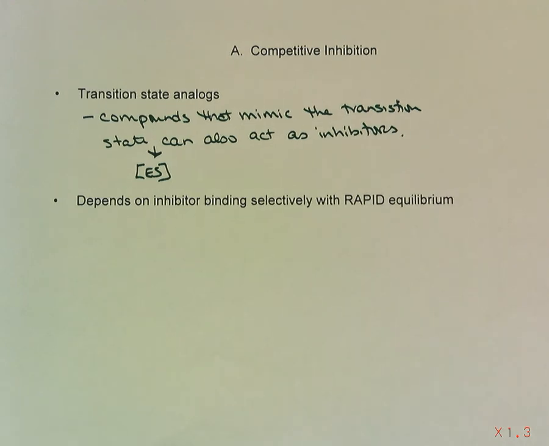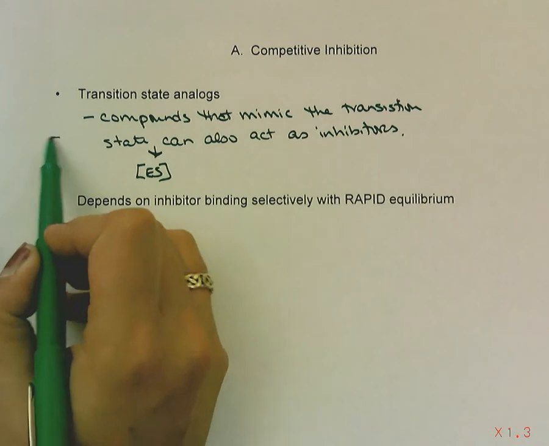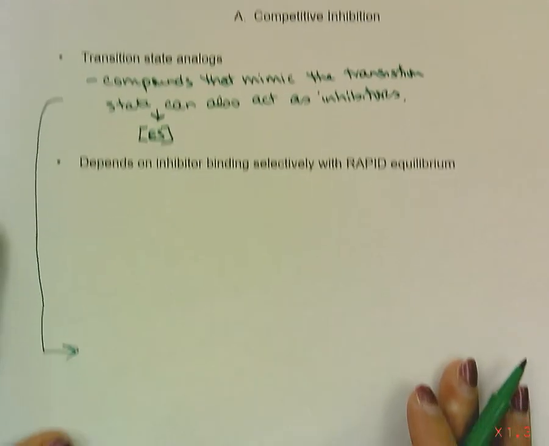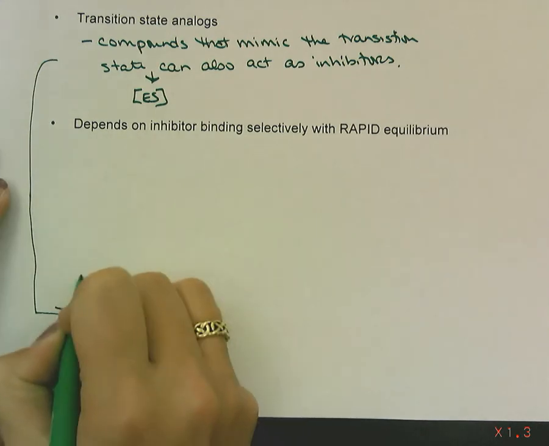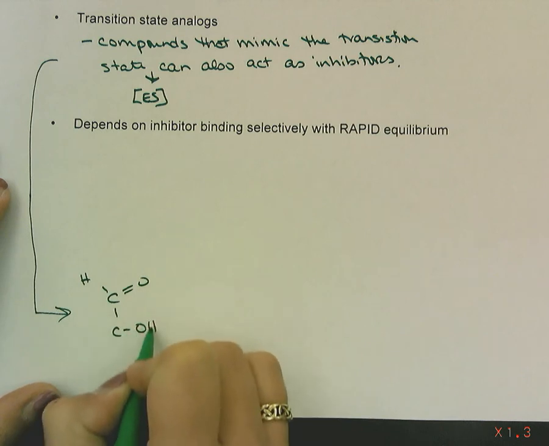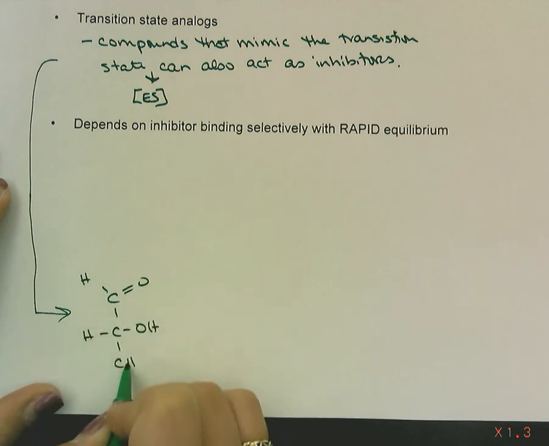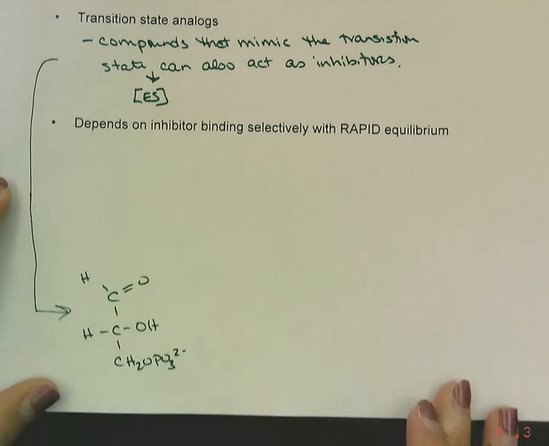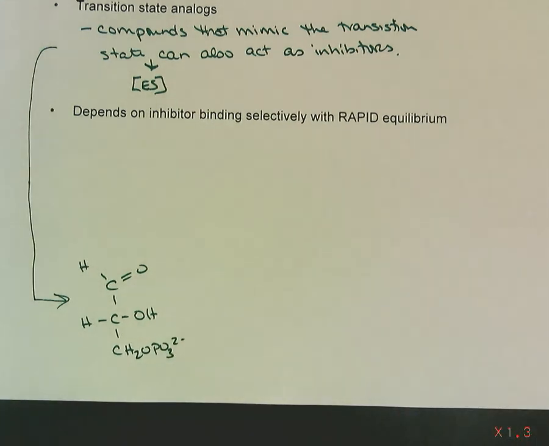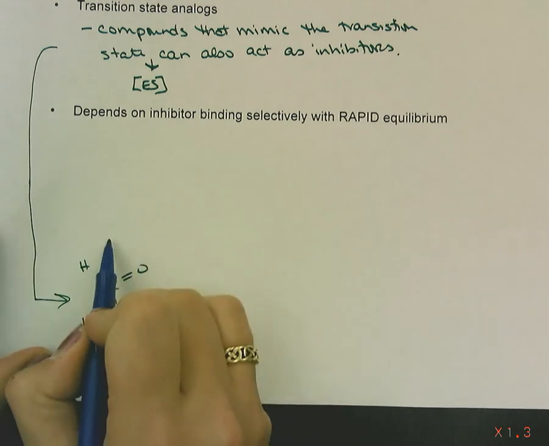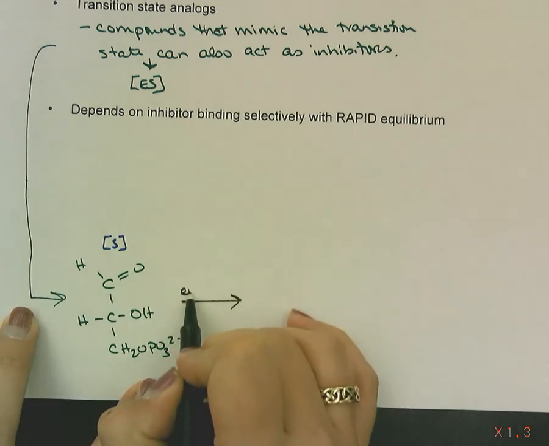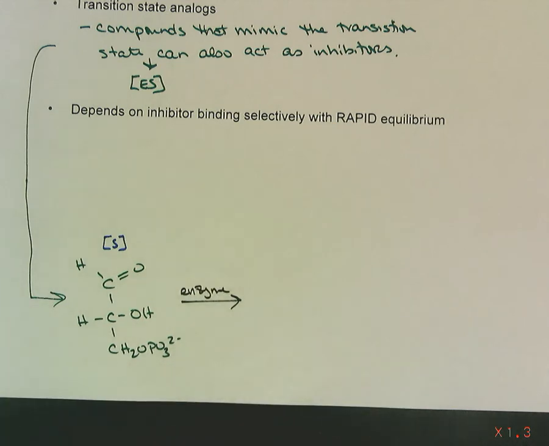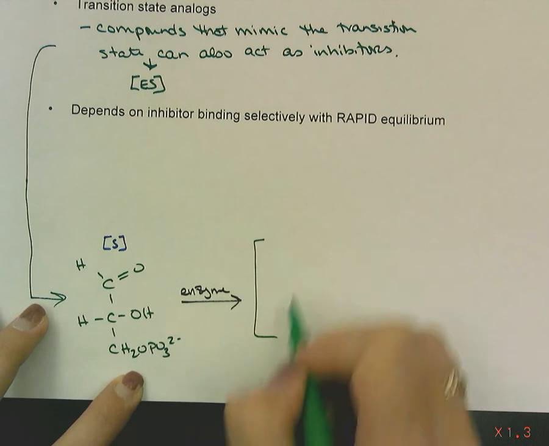So my example for that, I'll draw it down here. All right, so there's my substrate. In the presence of an enzyme, it goes through the transition state.